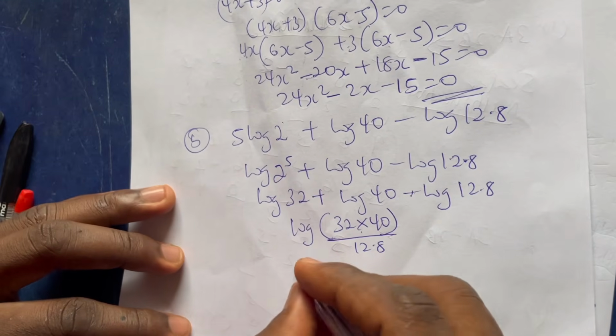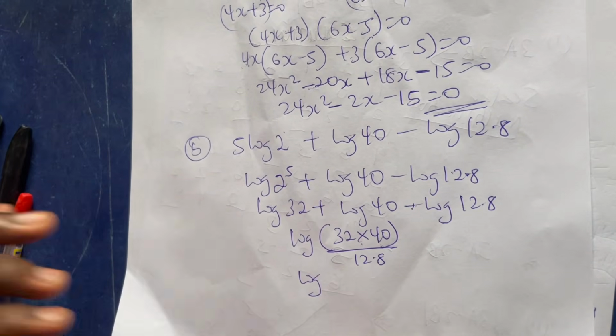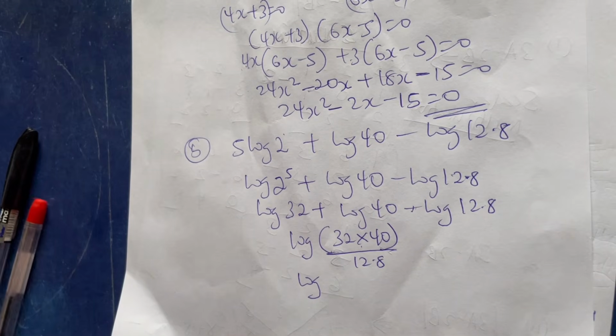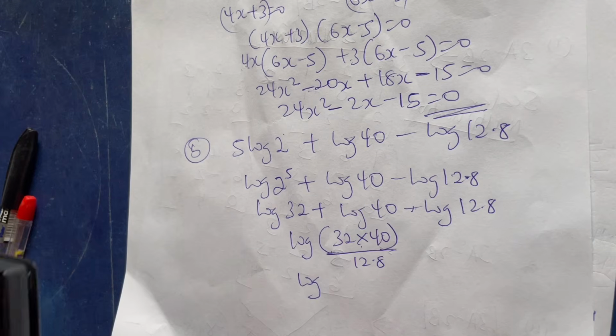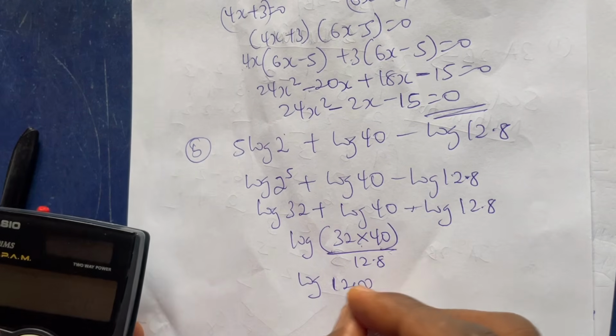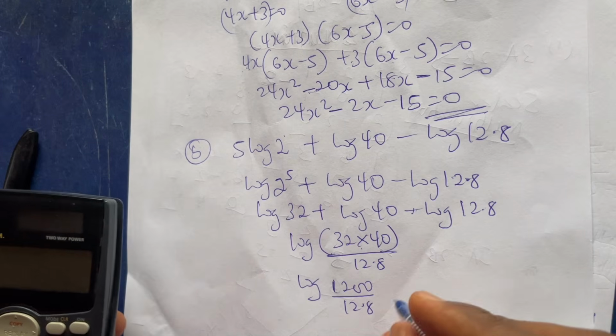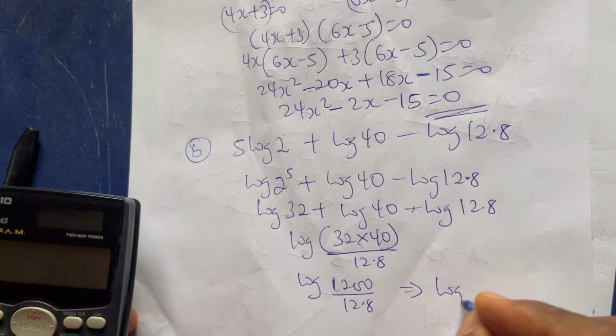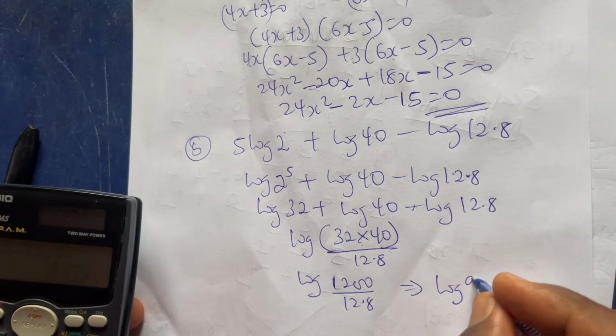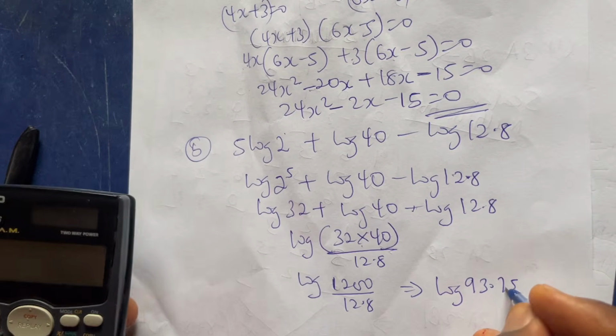So finally we'll have it as log. Now let me multiply 40 times 32. 40 times 32 gives me 1280 over 12.8. So that actually gives me log 93.75.